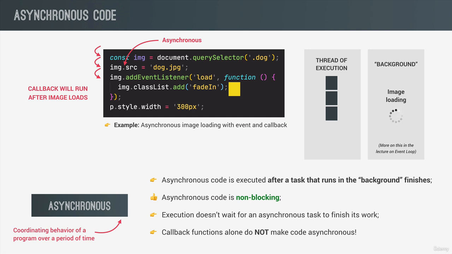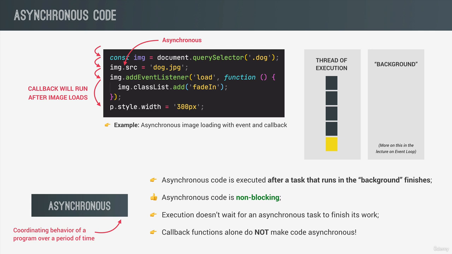So instead of blocking, execution moves on right to the next line immediately. Then once the image is completely loaded, it's displayed on the web page and the load event is emitted. And since we're listening for that event, our callback function is finally executed. So once more, we deferred an action into the future, making the code asynchronous and non-blocking.